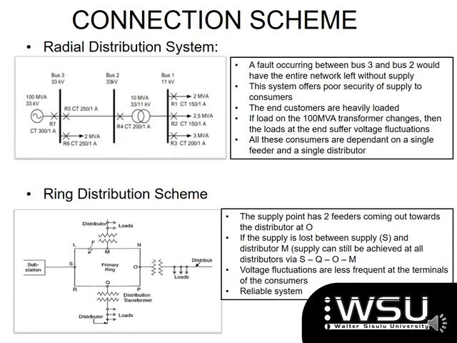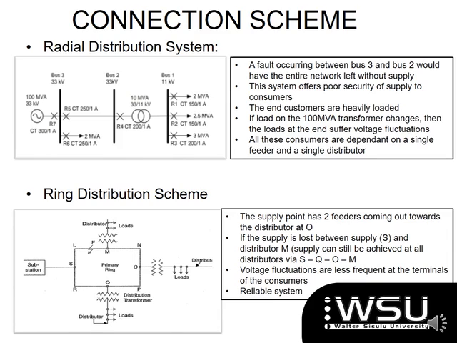Now, if you had a fault, which I'll call F, on the upper part between your L and your M, you can see that you're going to lose the portion between your S and your M, which means that you can still feed the M load via the bottom feeder, the feeder going from S to R, then to Q, then to P, then to O, then to N, and to your M load.